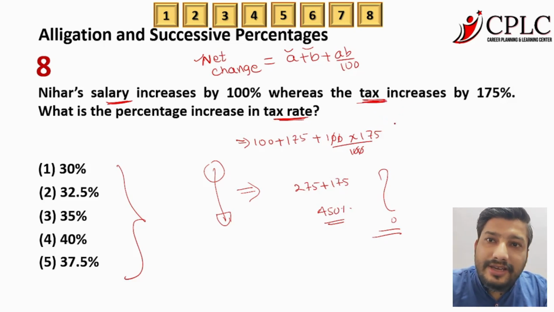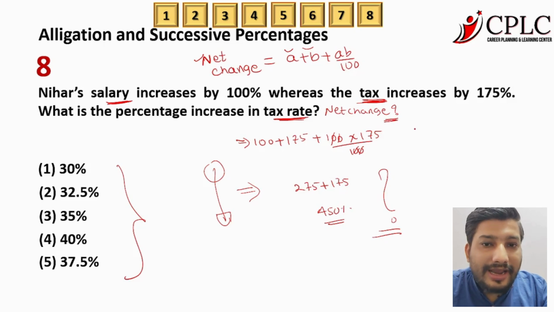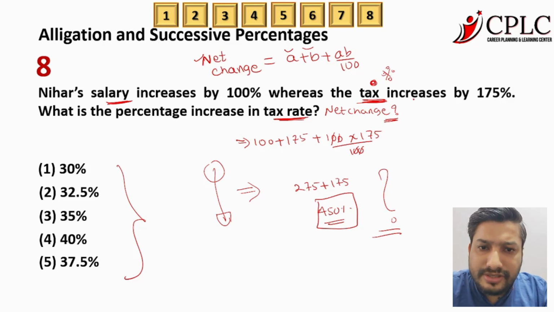Now the idea here is that when we do 100 and 175 successive, we are assuming that the tax rate is our net change, but unfortunately it is not the right conclusion, because the answer is 450, which is not there in the options. So clearly that is not right. So the net change is not tax rate actually, but it is tax. So very, very important, and these questions are normally based on common sense.